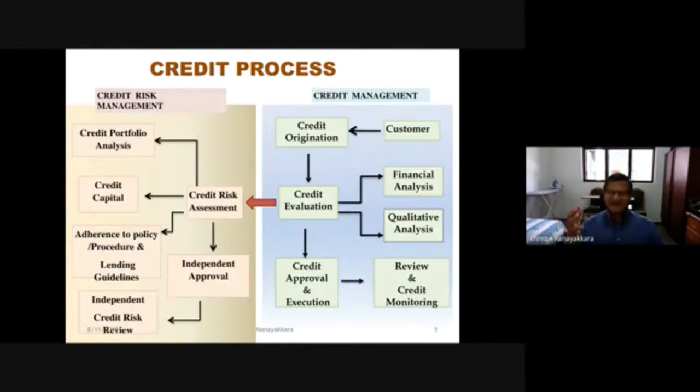They have asked you, when you give a facility, to classify your facilities into those portfolios and see the percentage out of total facilities. And this also gets referred to your board of directors, and with the recommendation of the credit risk management unit, they will set limits for these portfolios.